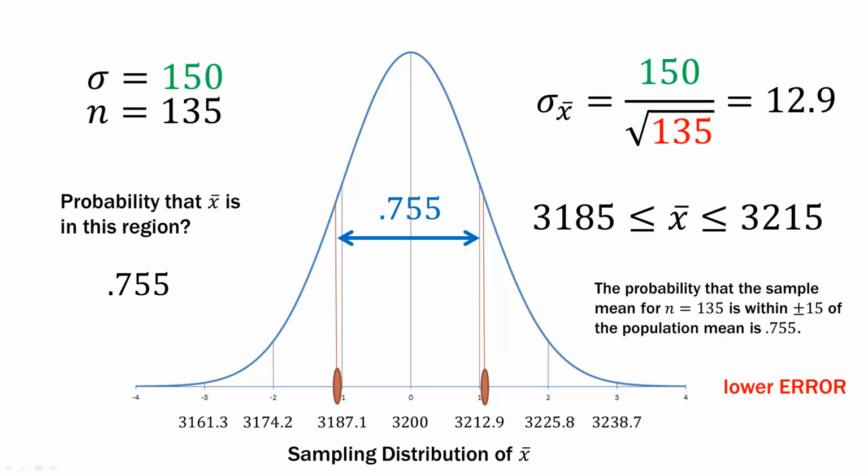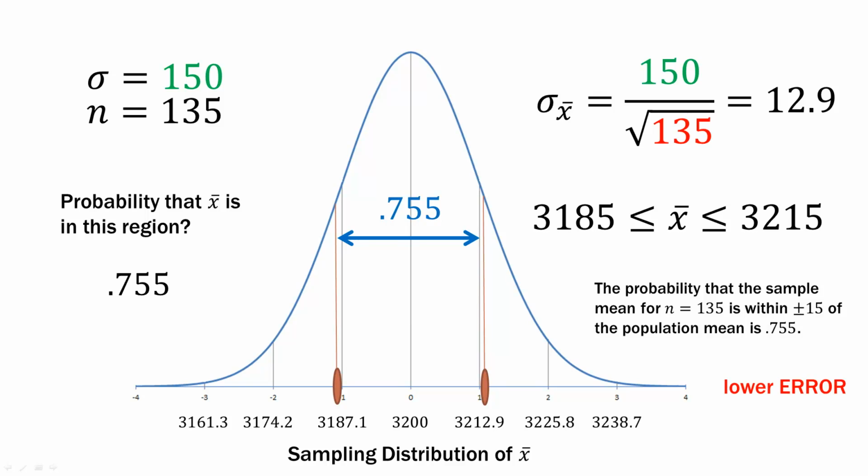Well, we have lower error, remember. When we increase the sample size, we decrease our standard error of the mean. That standard error of the mean is a smaller standard deviation. So that squishes the distribution in towards the mean. Now, because that distribution is squished in towards the mean, when we graph the 3185 and 3215 points, they appear further out.